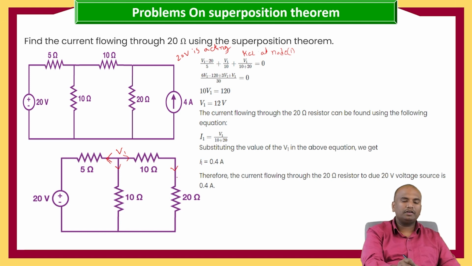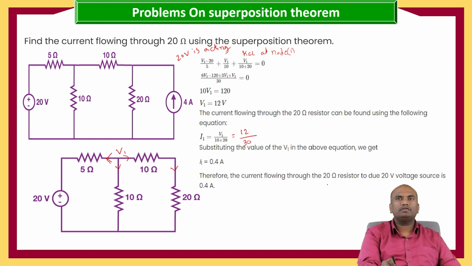Now the current flowing through the 20 ohms because of this 20 volt source is I1 equals V1 by 10 plus 20, which equals the V1 value, 12 volts, by 30, which equals 0.4 amperes.